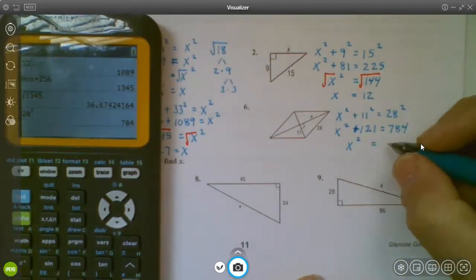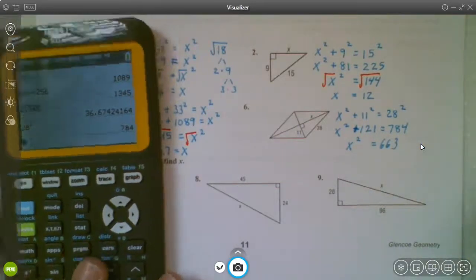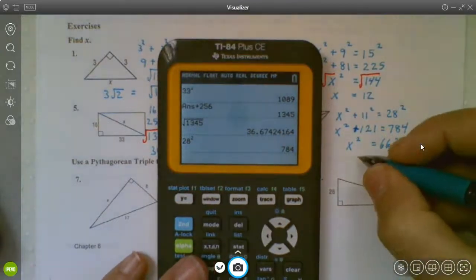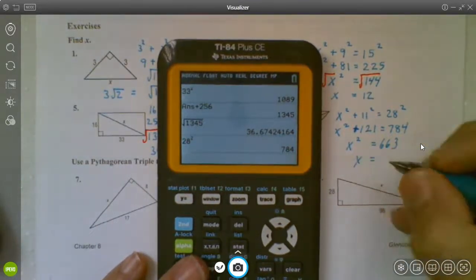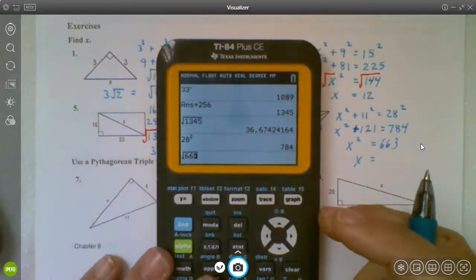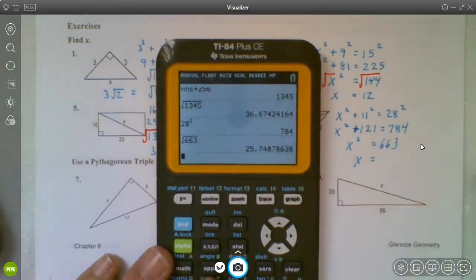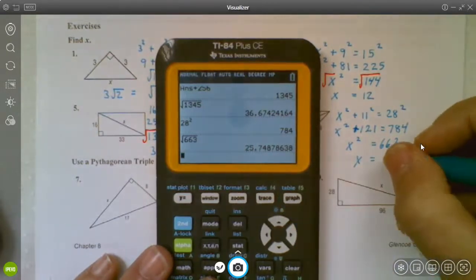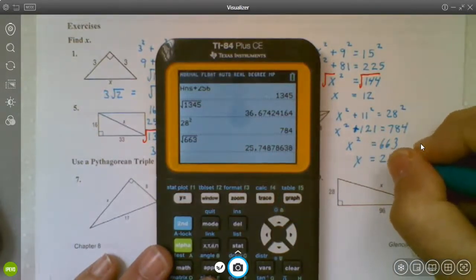We get 663. And then here's another one that's not a perfect square, so now when I go to square root both sides, I'm just going to put 663 into my calculator. And we're going to round that off to the nearest tenth, so we're going to say 25.7.